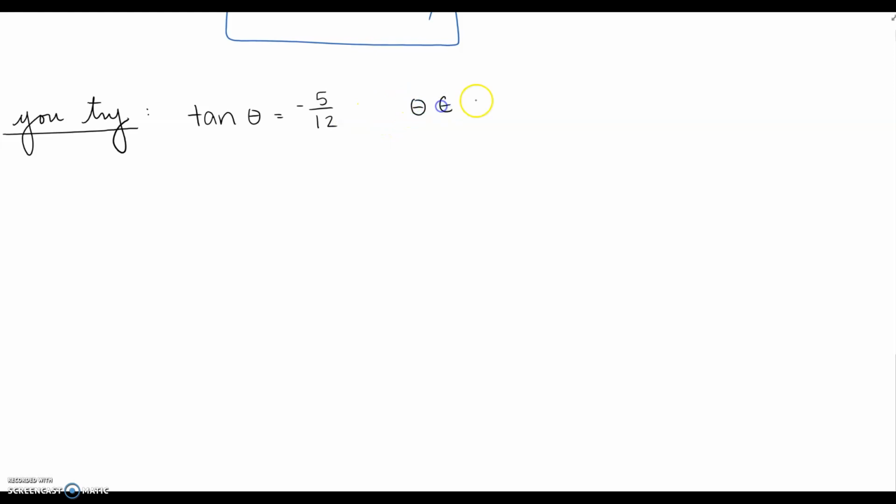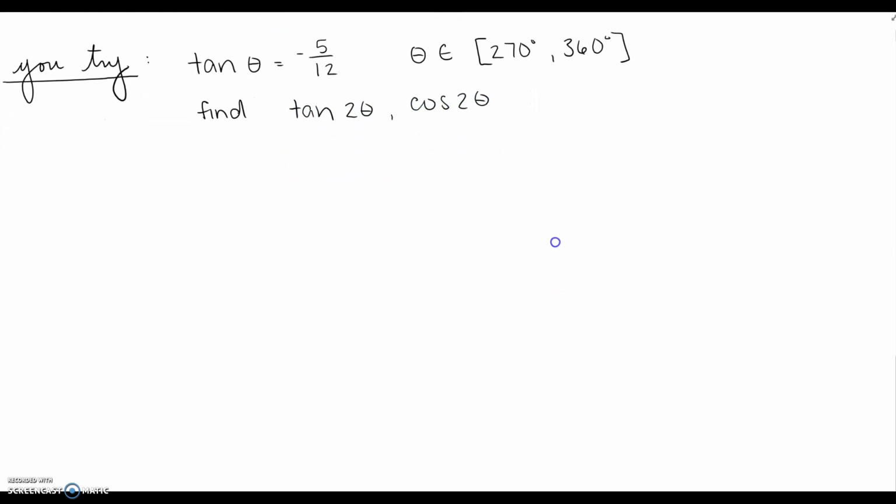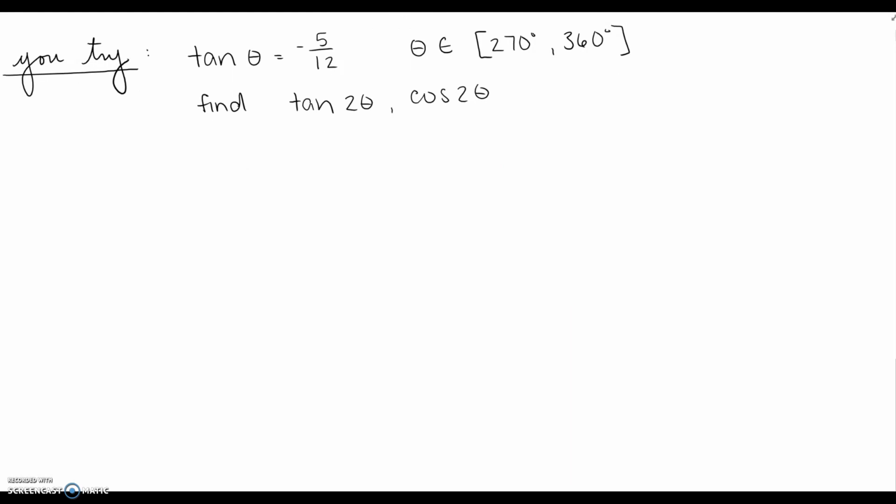Theta is going to be an element between 270 degrees and 360 degrees. And let's just find tangent of 2 theta and cosine of 2 theta. So why don't you pause the video and try to do this on your own.